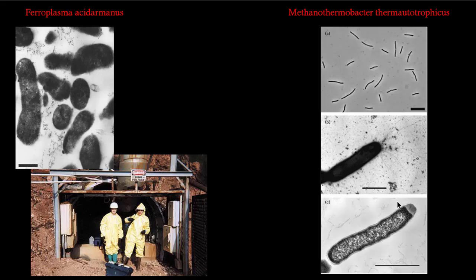So these are examples here of archaea. This is one here that's an acid lover. This was discovered in the bottom of a coal mine in Africa, an extreme place to be finding these microorganisms. And then over here on the right, we see some examples of methane-producing microorganisms.